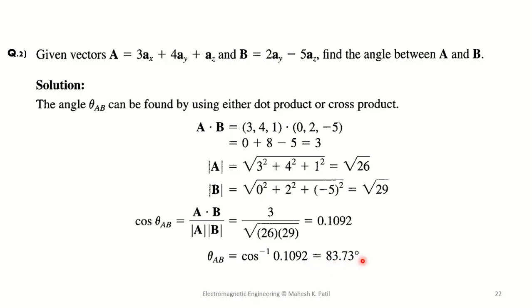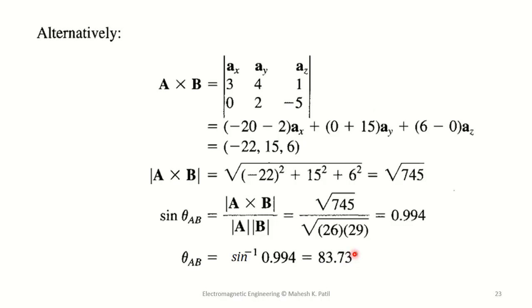This problem can be solved by considering cross product. So we will see that now. So A cross B, it is a determinant. In the first row, corresponding unit vectors are written. So in the first row we can write here ax bar, ay bar, az bar.